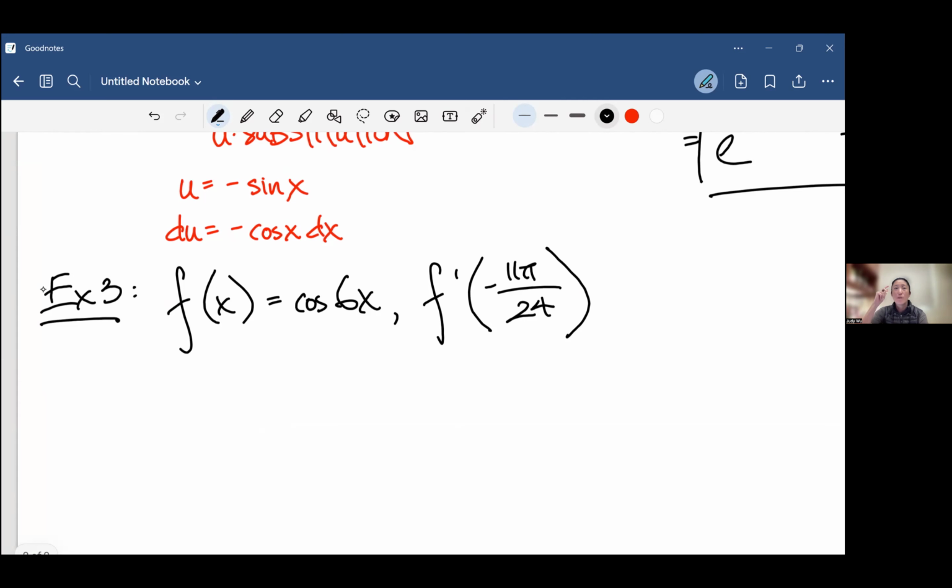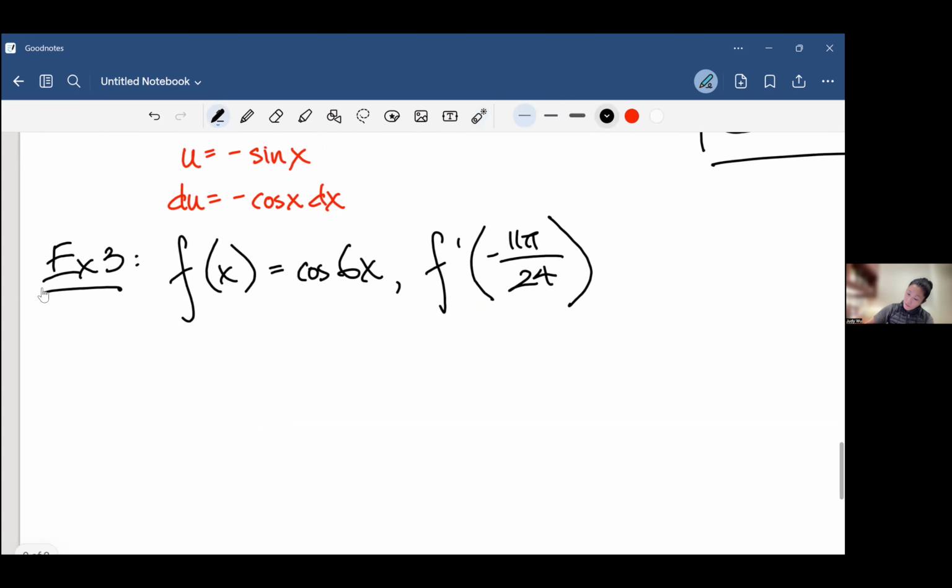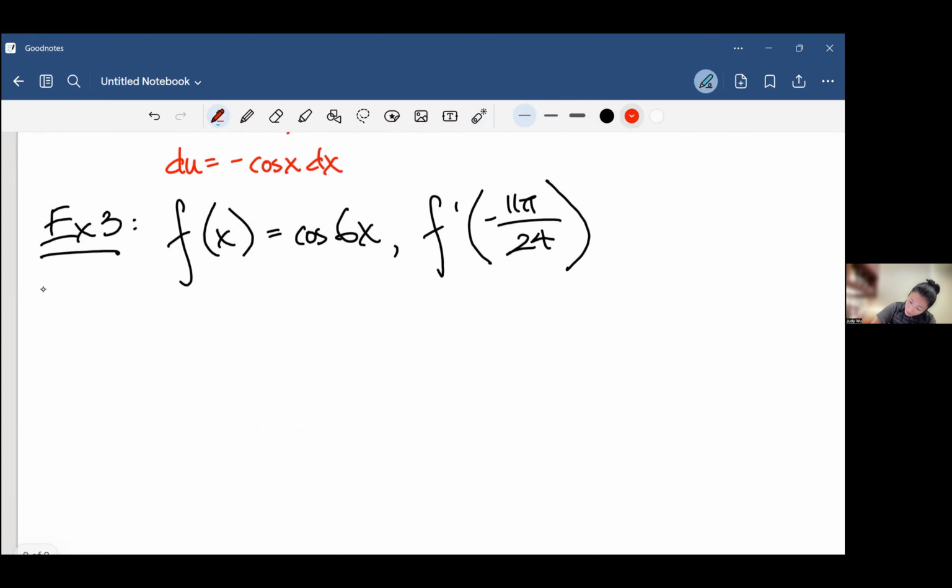Okay, so if we think about what that means in symbols, I want to find the derivative of this function. And after I find the derivative, I want to plug in negative 11 pi over 24, right? Okay, so let's take our derivative. And let's see what we get.